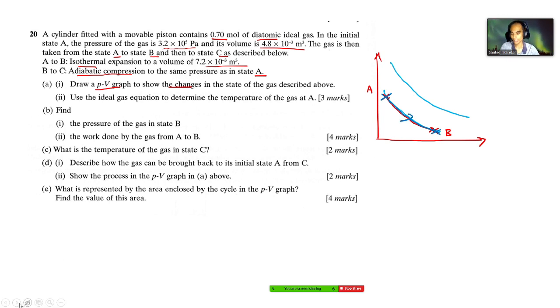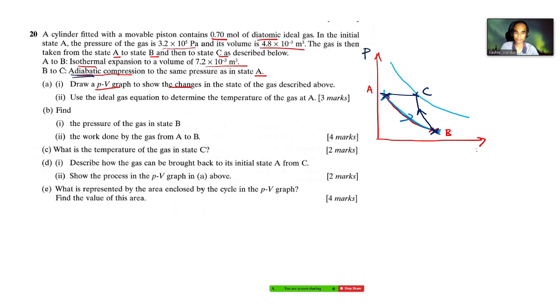This way. And from B to C, it says that it will be compressed. B to C is an adiabatic compression. So adiabatic does not follow the same temperature curve. So B to C goes up like this. This is C. So this is A, this is B, and this is C. So we can make an area over here, A, C, and B. A and C have the same pressure.